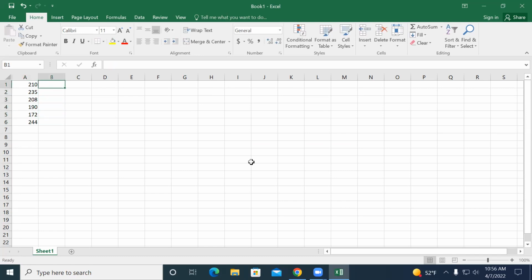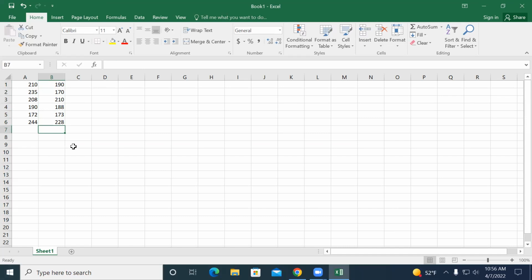Then in the second column, put the after scores for each person: 190, 170, 210, 188, 173, and 228.